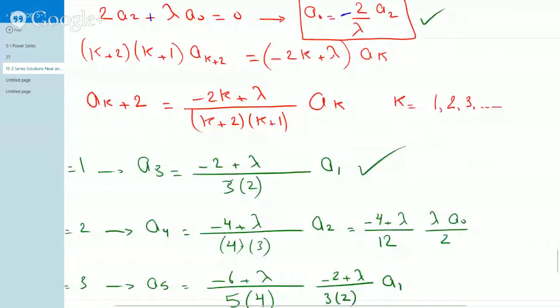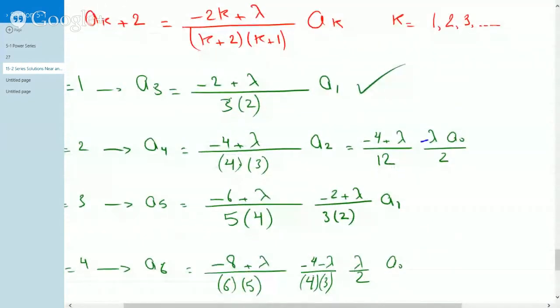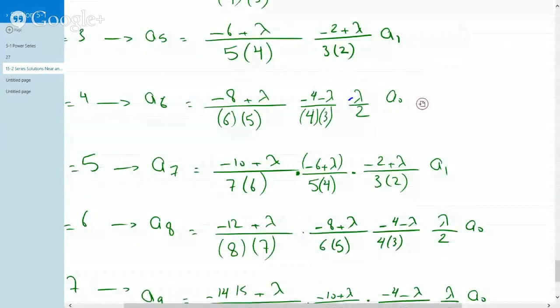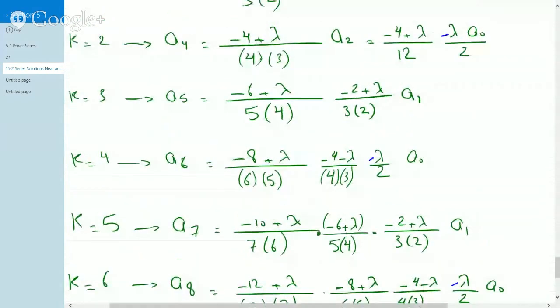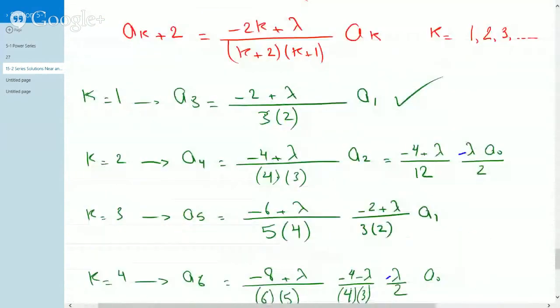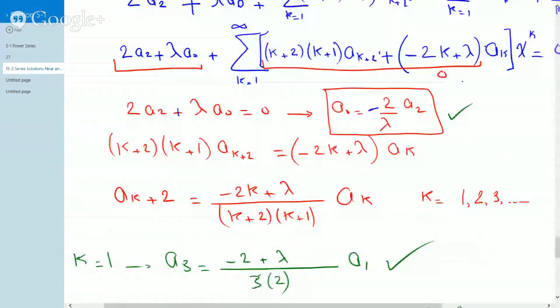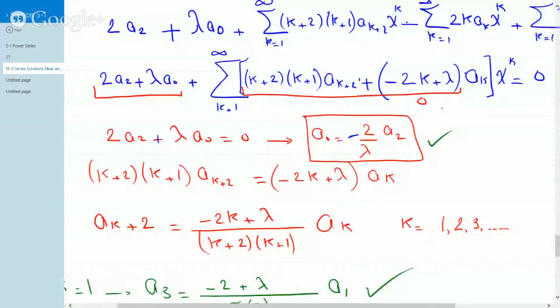Okay, so then that makes this a minus, and that makes this a minus, and that makes this a minus. Okay, fair enough. Questions on that?